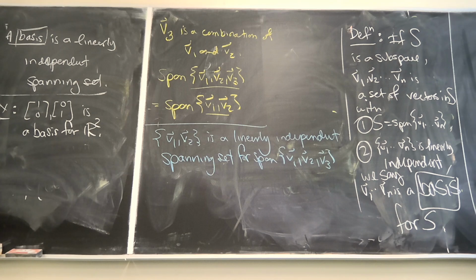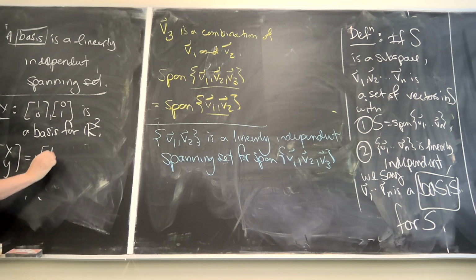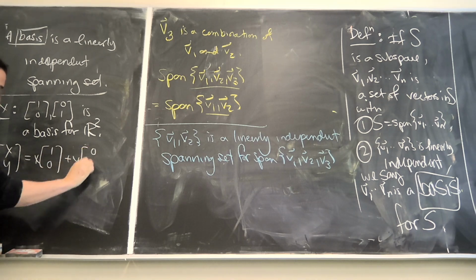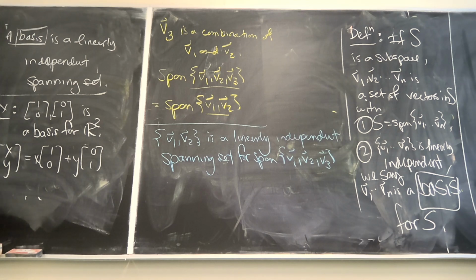Every single vector in R2 can be made by multiplying this by x and this by y, and what you end up with is the vector x, y equal to x times 1, 0 plus y times 0, 1. A basis for a space is a set of vectors that I can construct everything out of, and I can only do it in one way for each vector. The vector 2, 3 can only be written as 2 times this vector plus 3 times that one. There's no other way I can rig them together to make 2, 3 come out.